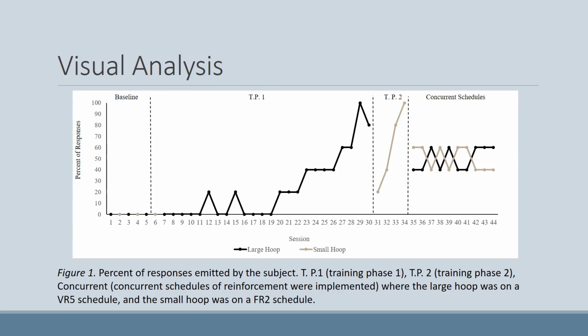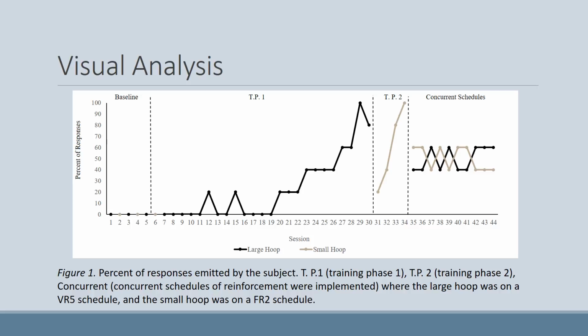Here's a visual analysis of the data. My phase points didn't show up, but here after 6, the first training phase was initiated for 7 through 30, and you can see the low rates of responding with mild variability here, and then a sharp, steady increase that goes into the actual mastery criteria.